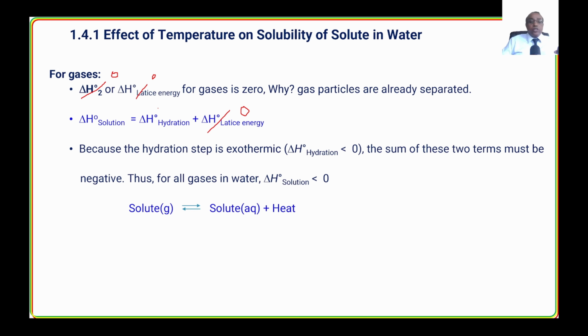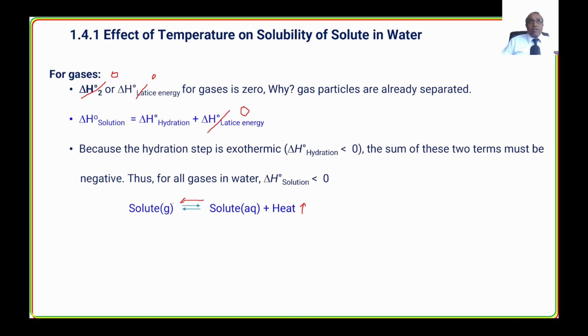You can use this equilibrium system. In this case, if you increase heat, heat should be added after the arrow. So you have a gas going to an aqueous solution plus heat. This is for an exothermic process, and you are increasing heat here. If you remember the Le Chatelier principle, if you increase heat, the equilibrium will shift in the reverse direction, so that the gas will be bubbling out, which means its solubility decreases.